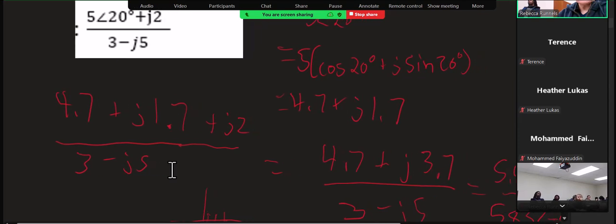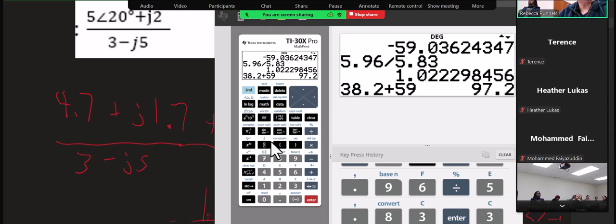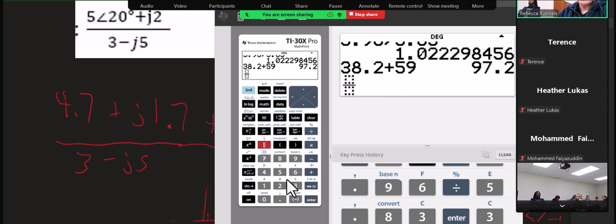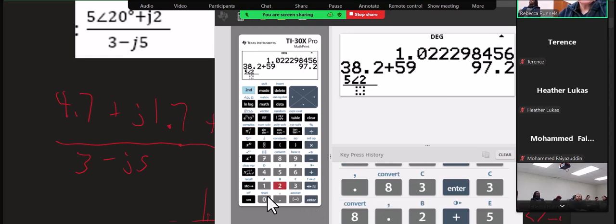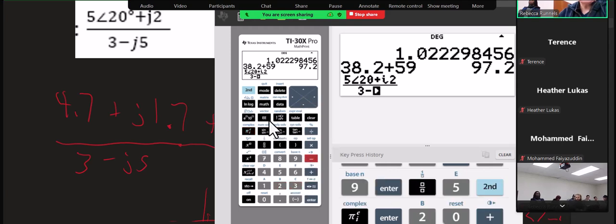And then, because if I were doing this on a test, I would want to check myself and see if I got the right answer, I would go back and do 5 angle 20 plus j2 over 3 minus j5.